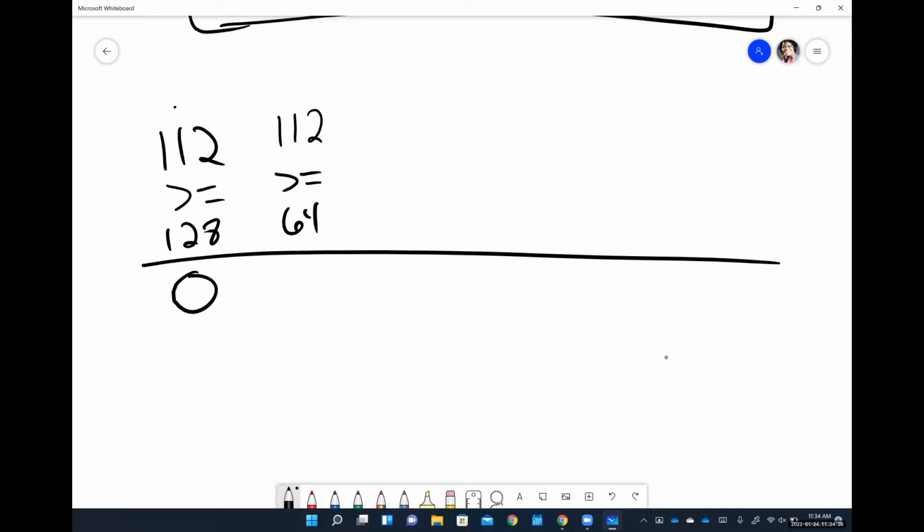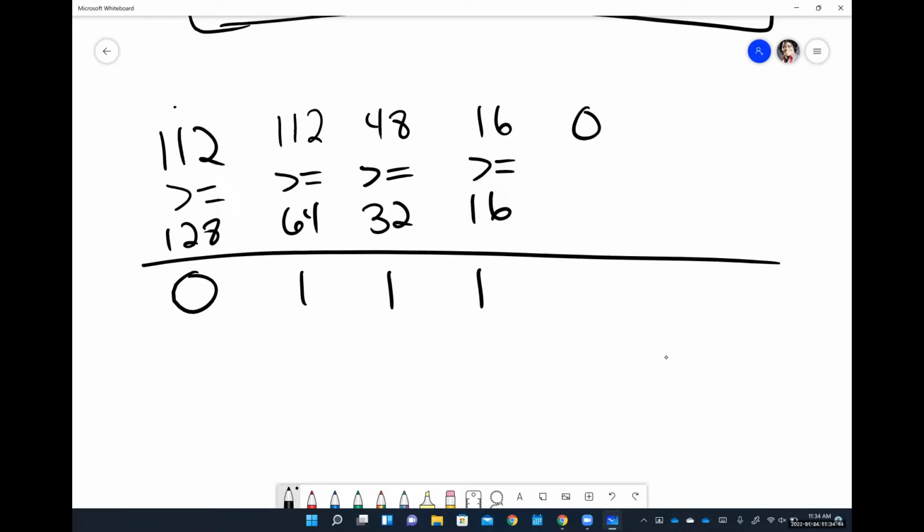Is that 48? Afterwards, 112 minus 64? 48. All right, cool. 32. That's 16. Yep. And then we have a 0. So at that point, everything else is going to be 0.